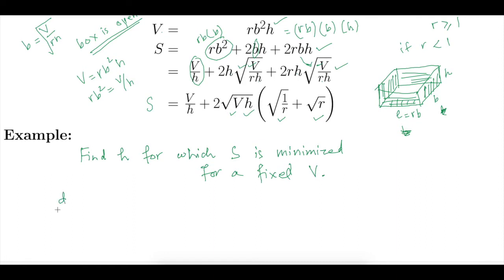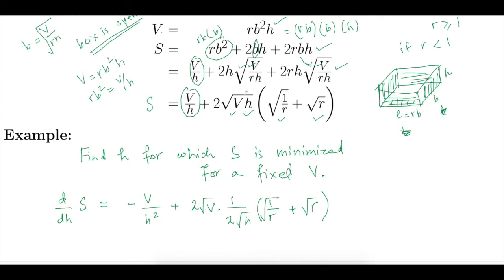We find d over dH of S. So this is equal to minus V over H squared, plus 2 times root V times 1 over 2 root H, and then 1 over root R plus root R. Correct? Because the differential of this term is this, and the differential of this term is this. And then we set it to 0 to find the critical points.